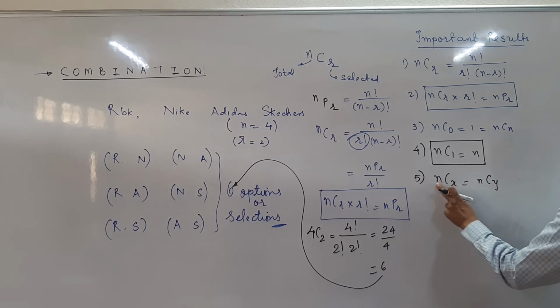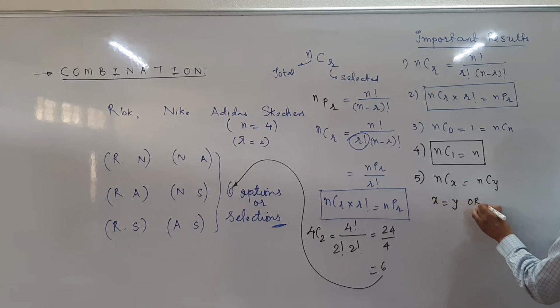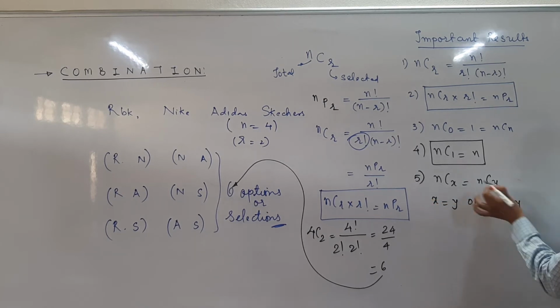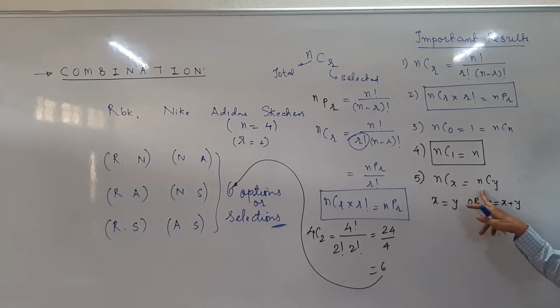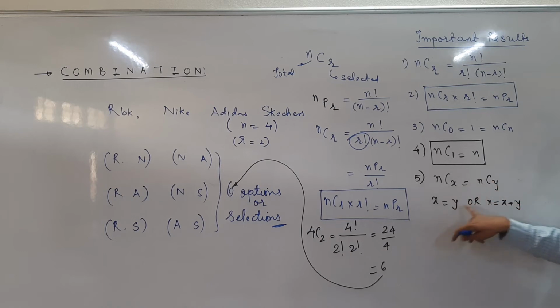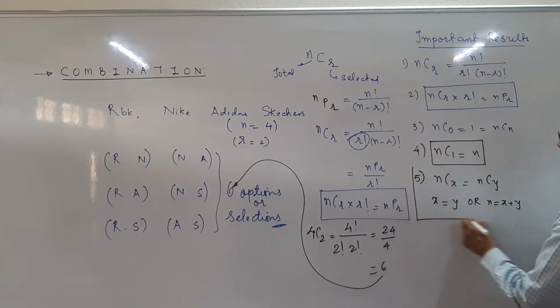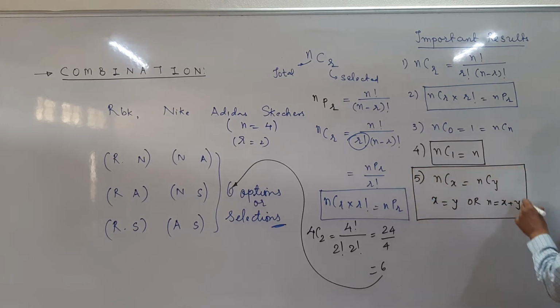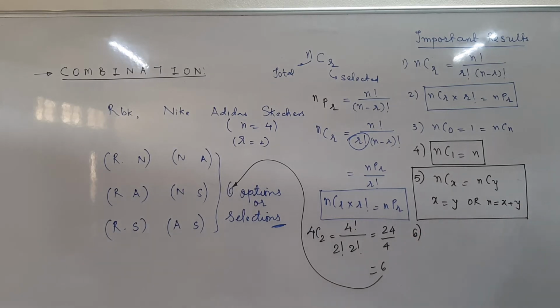If 2 combinations with same n are equal, then their R's are equal, or addition of both the R's will give us n. This is one of the most important properties of combination which is frequently used in sums.